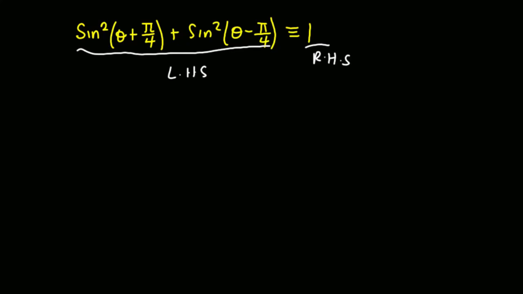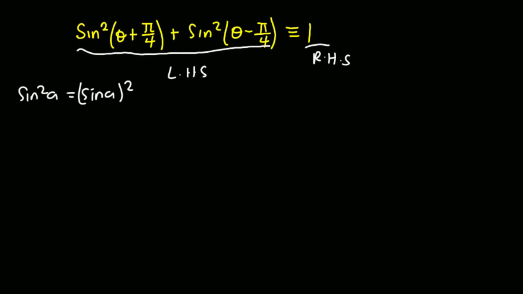Now, to proceed to this problem, we have to know that generally sine squared A is the same as sine A all squared. So I'm going to apply this principle to rewrite sine squared of theta plus pi on 4 and sine squared of theta minus pi on 4.